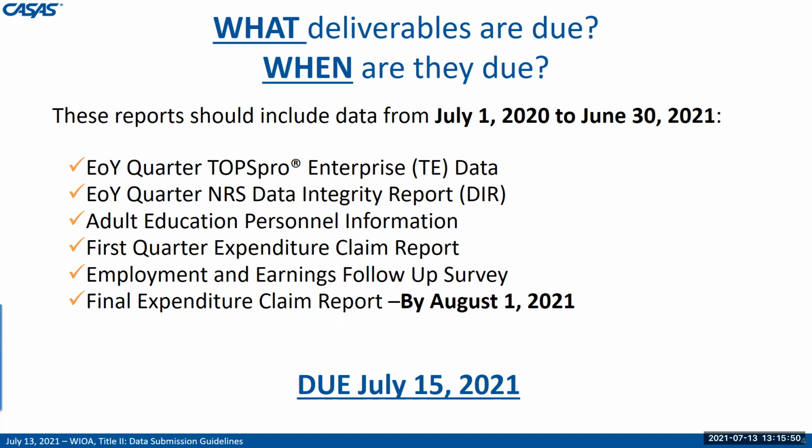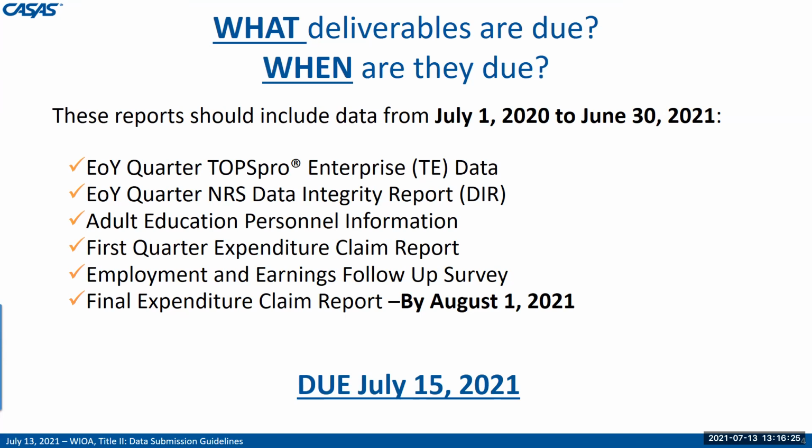Which deliverables are due? Well, we have the end of year TOPSpro Enterprise data, which you don't really need to send us anything because your data is already hosted on our online server. So we already have it, but with just you having to run the wizard, that will give us a trigger that we can go ahead and access your data. We also have the end of year NRS data integrity report, which is the regular DIR that you generate.